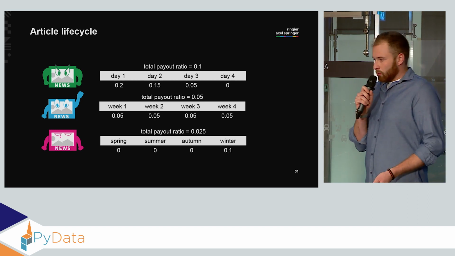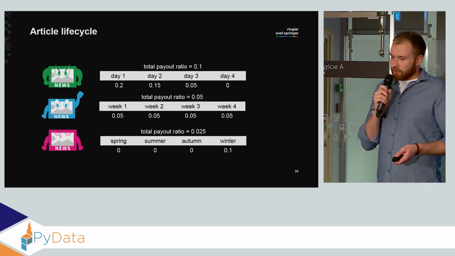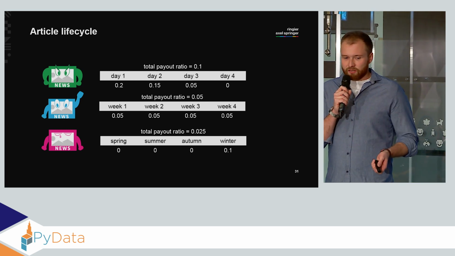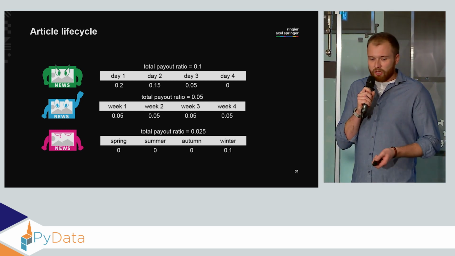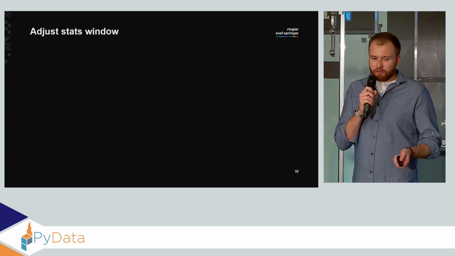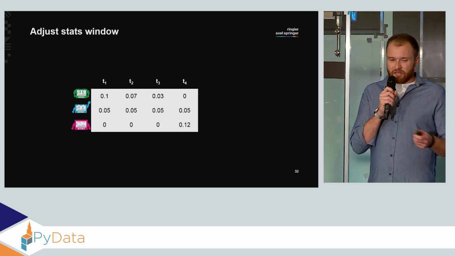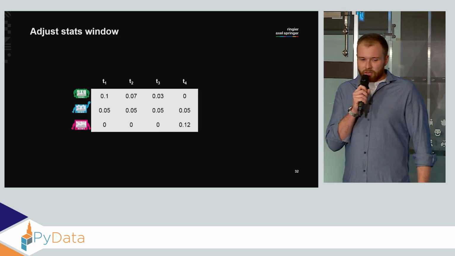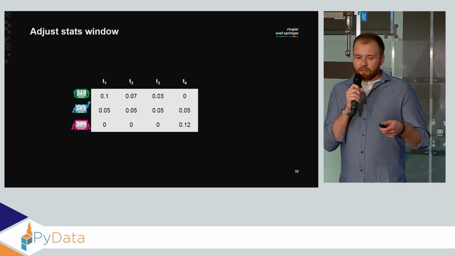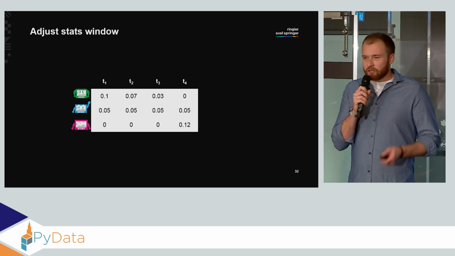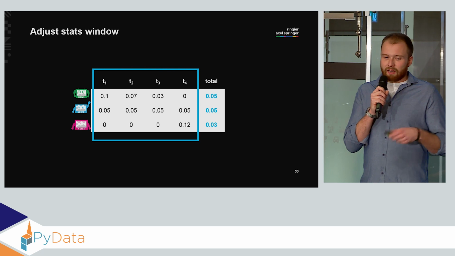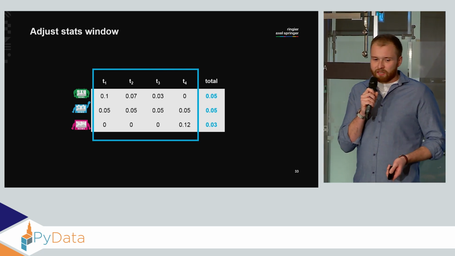Okay, and to address this problem of changing trends of articles by the multi-armed bandit algorithm, we can just adjust our stats window, because we know that the multi-armed bandit algorithm makes its decision on which articles to select based on stats which it accumulated in previous trials.